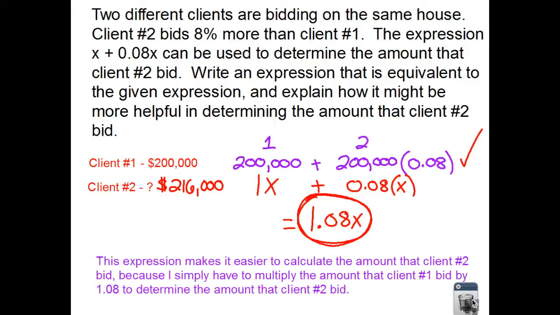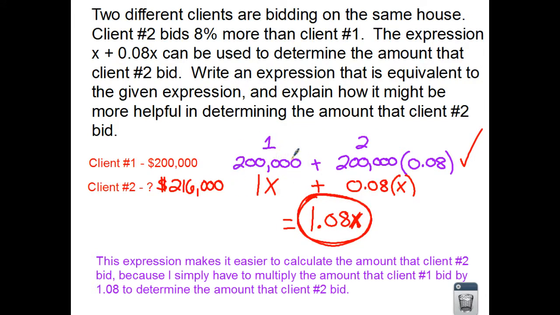So again, that's just taking this entire line, the purple line, out of your thoughts and just combining your like terms in the expression and multiplying it by your $200,000, which is your X, your starting value from client one.